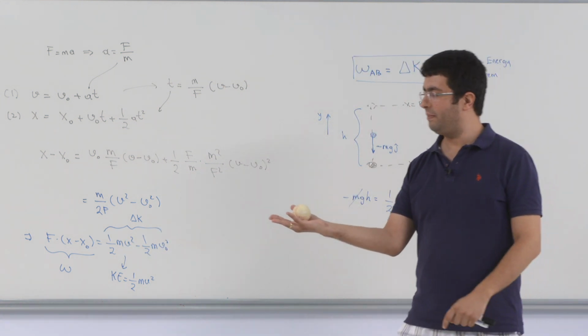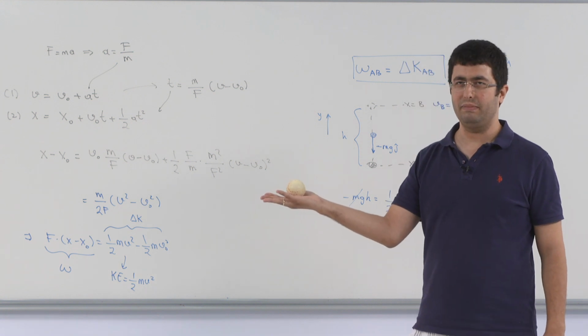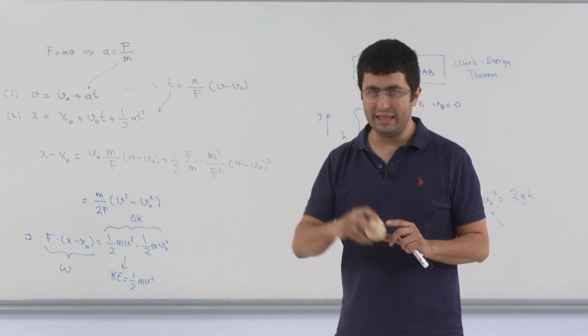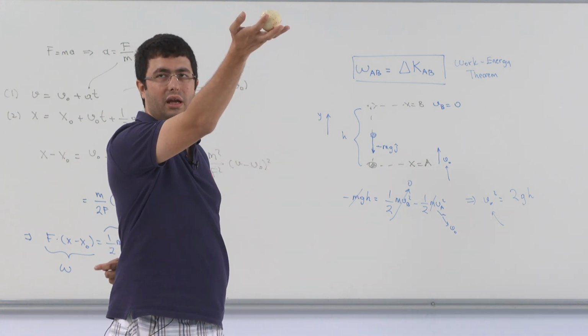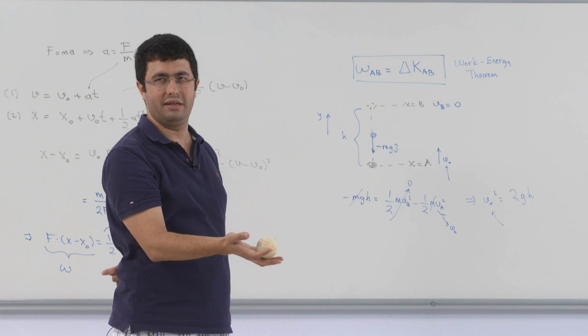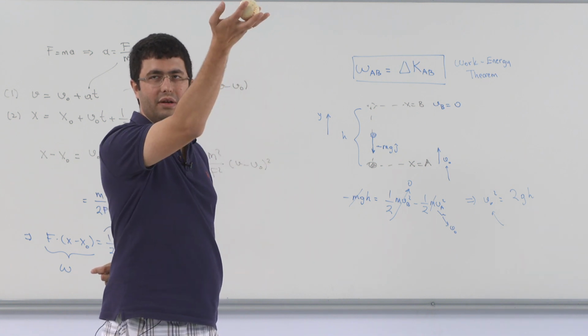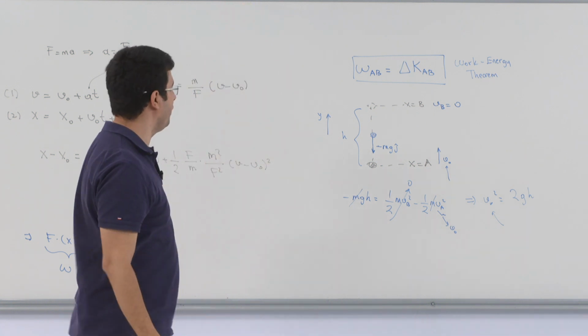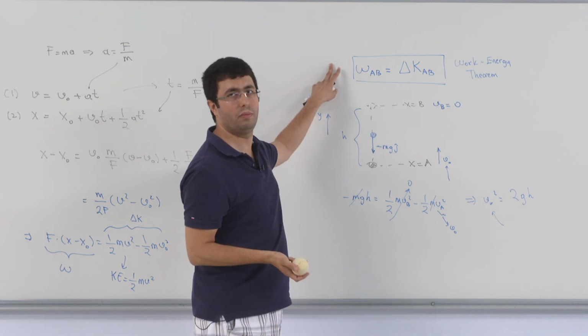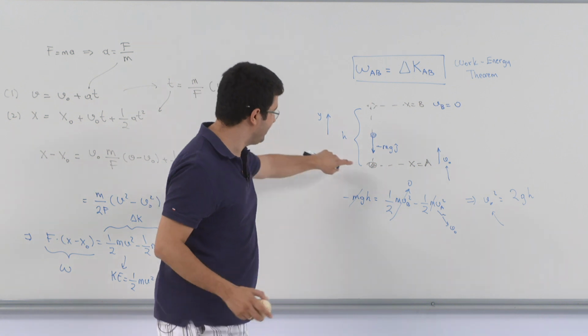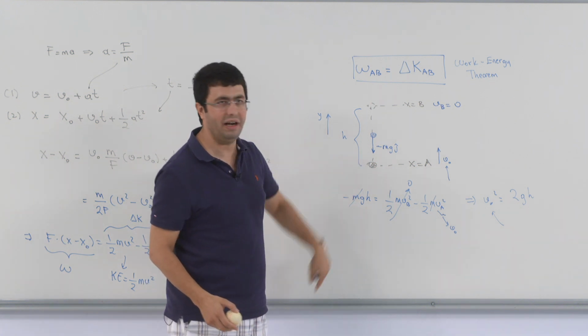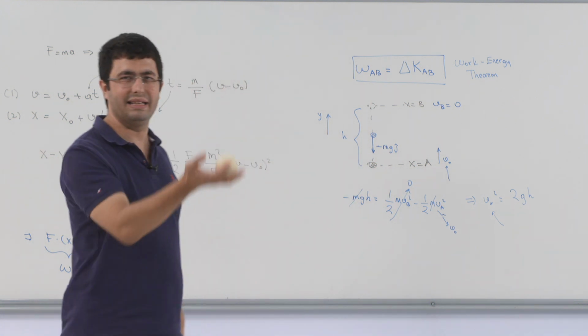So I apply plus mg, and gravity applies minus mg. So let's say I take this baseball from this location, and I take it up here, okay? So obviously, the initial velocity is 0, the final velocity is 0. That means the net amount of work done on this baseball must be 0.